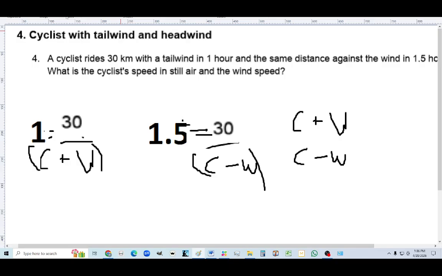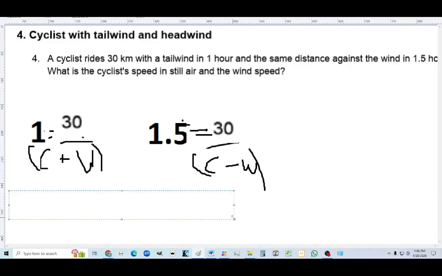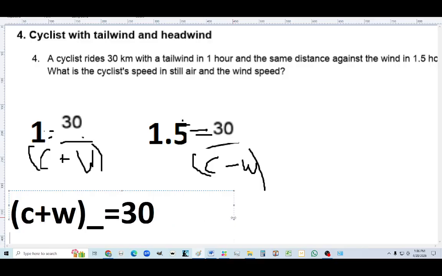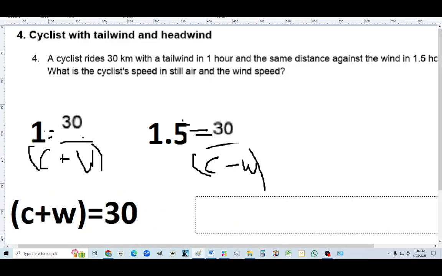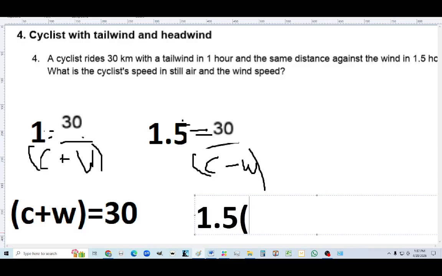Then you solve individually, and I don't know what technique you want to use. So multiply both sides by the bracket. You get 1 is equal to 30 divided by C plus W. So when I multiply both sides, the 1 multiplies C plus W on the left side, and it's equal to 30. And when I multiply by the brackets on the right side, I get 1.5 times C minus W is equal to 30.